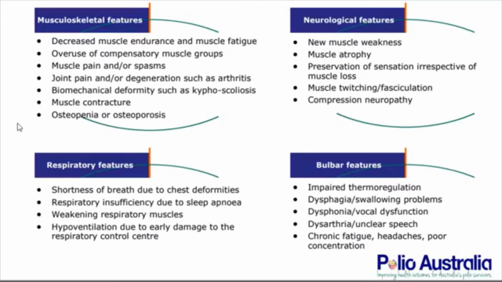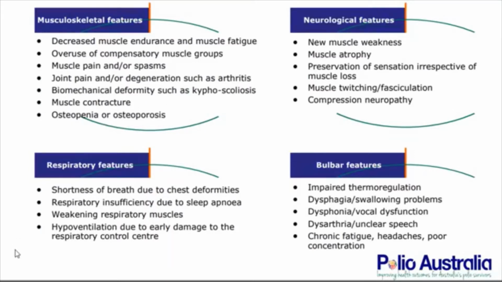I said, we have polio survivors who can't hold long conversations, can't do long phone calls because their voice weakens and fades out and may become unclear in terms of the quality. And this gentleman had a very strong voice, but he said, actually, that's interesting to note because I do have these episodes of my voice just failing and being unable to speak. We need to keep these bigger picture factors in mind.